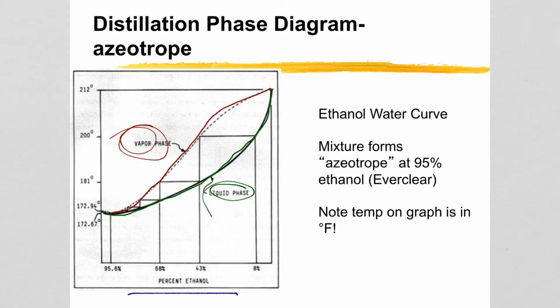Also note that along the x-axis we start out with percent ethanol. We start with 8% and move to the highest we can possibly get, which is 95%, because that's the point at which the mixture forms an azeotrope. We started out with probably an 8 to 10% solution of ethanol.